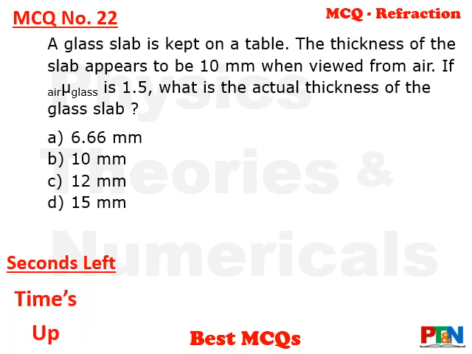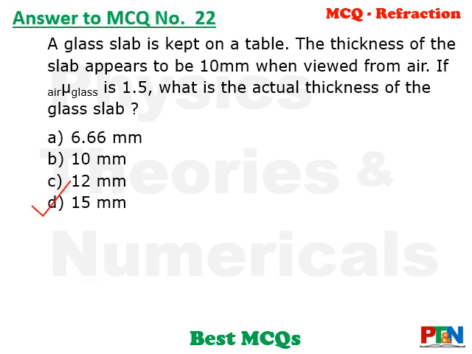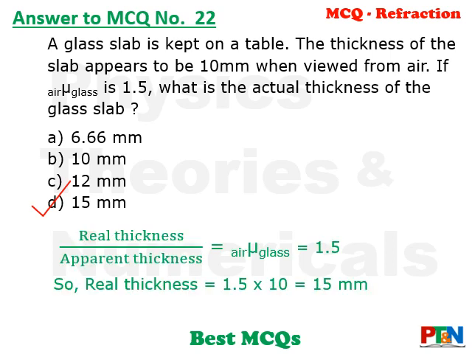Time's up. Let's see the answer. The answer is option D, that is 15 mm. An easy calculation, we know real thickness by apparent thickness is air mu glass, that is 1.5. So real thickness will be mu into apparent thickness, that is 1.5 into 10, that is 15 millimeter.